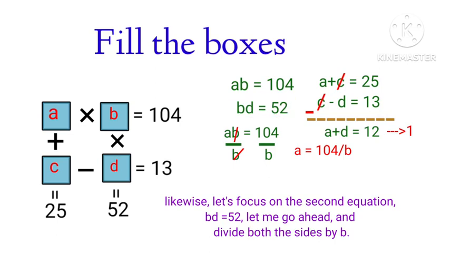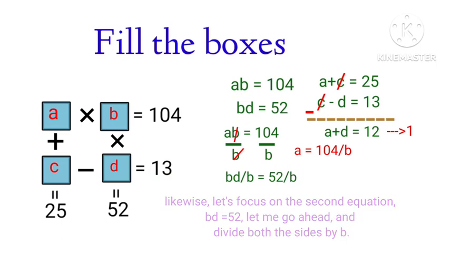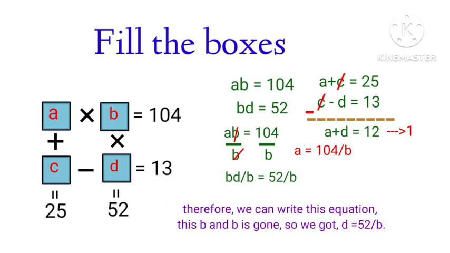Let me divide both sides by B. Therefore, this B and B is gone, so we got D equals 52 divided by B.